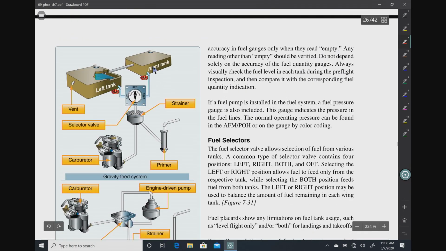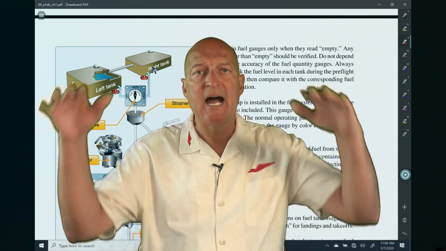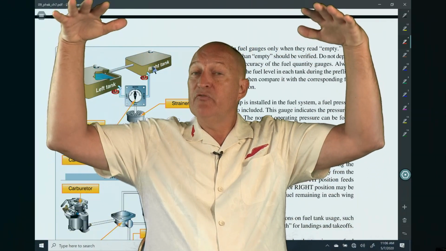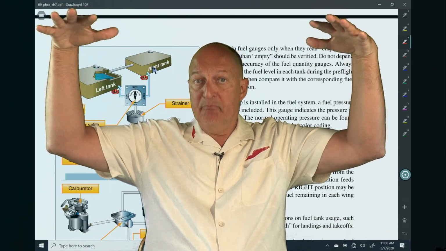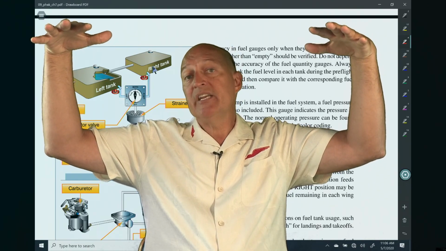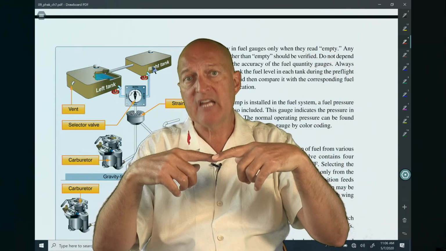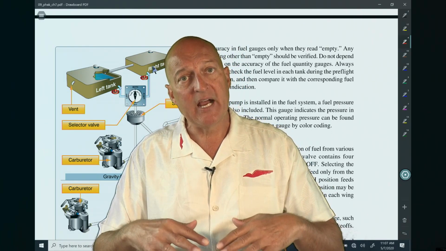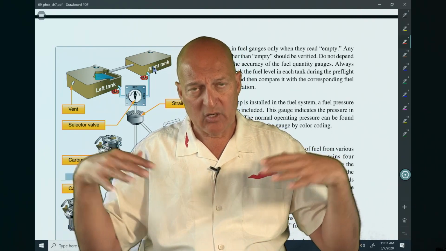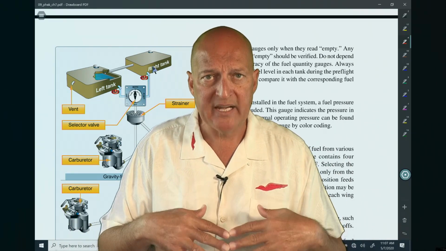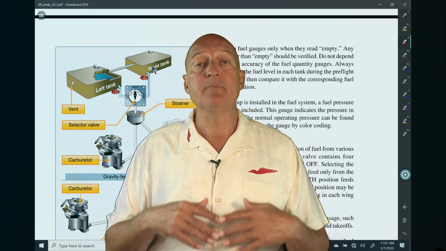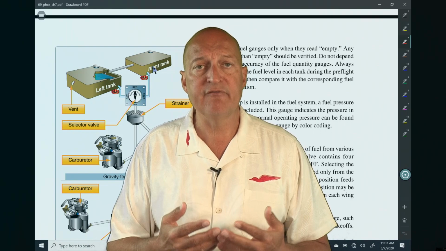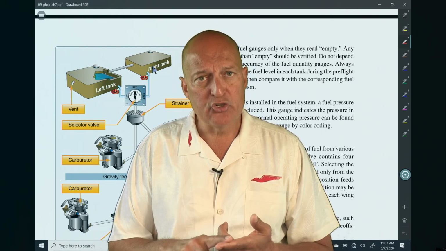For instance, if you have a high-wing aircraft, you've got your fuel held above your engine. Gravity can be your friend, helping move that fuel down to where it's needed in that engine. Low-wing aircraft have fuel that is below the engine, so you're going to be completely dependent on pumps to move that fuel there. You have engine-driven pumps.